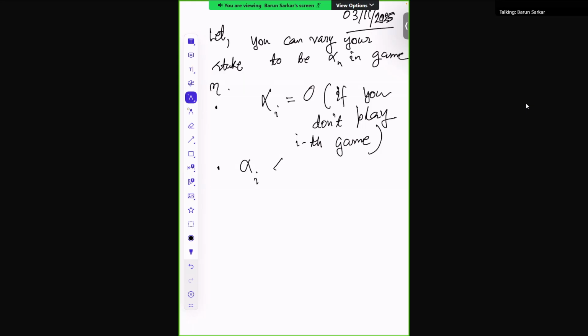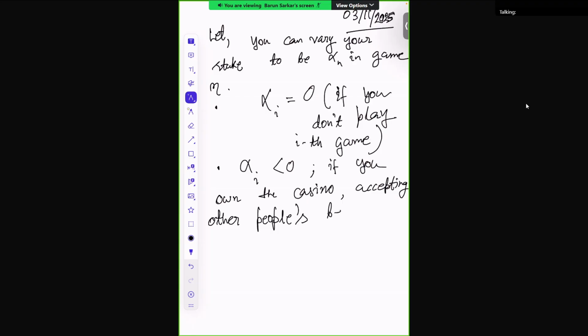So alpha i can be negative in the sense that if you own the casino, you accept other people's bets.